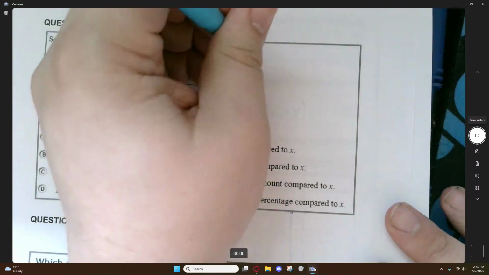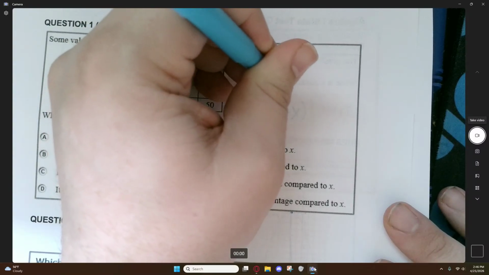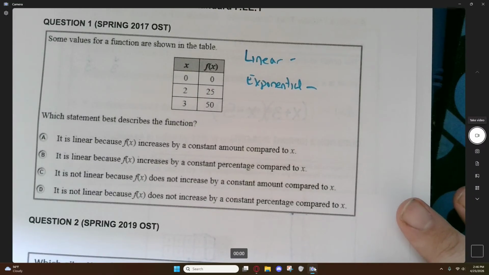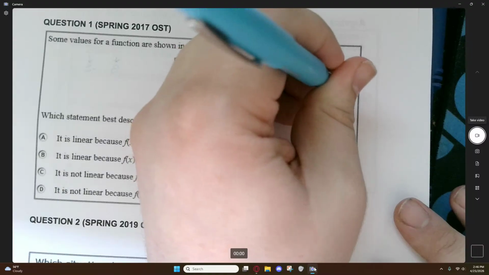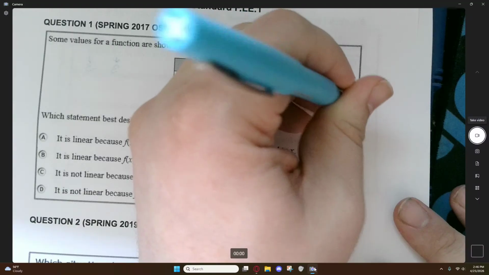So let's talk about linear versus exponential, okay? Exponential is by percentages. This is by multiplying. Think of this in the same way as a geometric sequence.